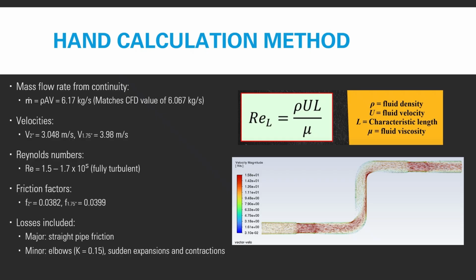Using the pipe diameters, I calculated the velocities in each section along with the Reynolds number and then the friction factors for each pipe diameter. We included both major losses from the straight pipe friction and minor losses from the elbows, sudden contractions and expansions, matching the same components in the CFD model.